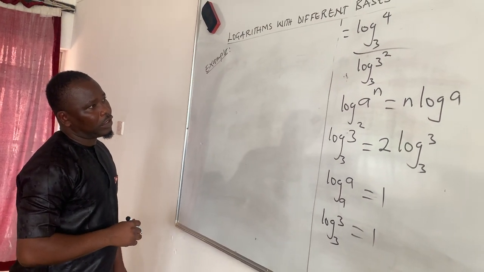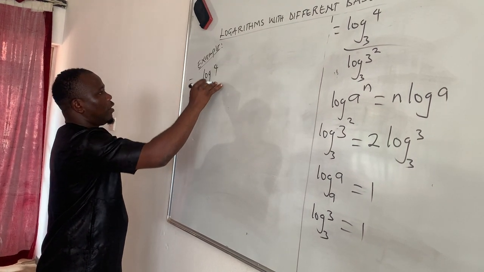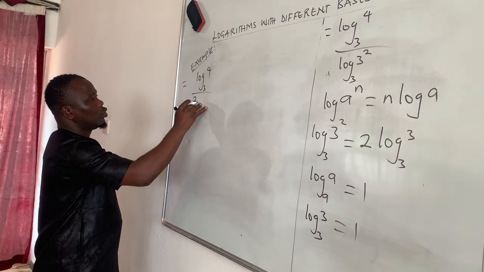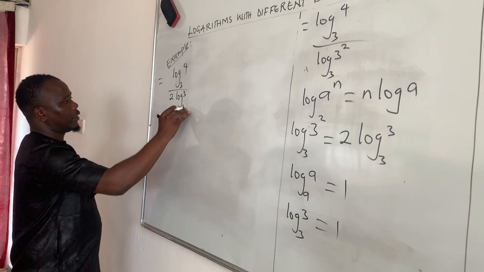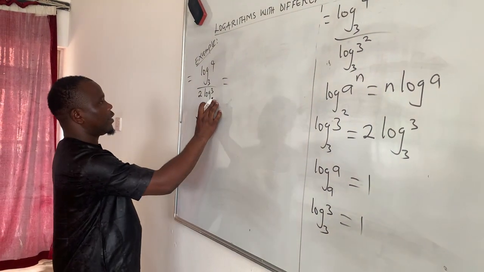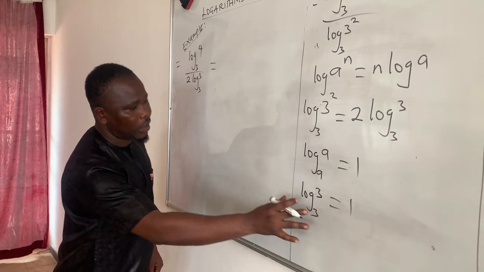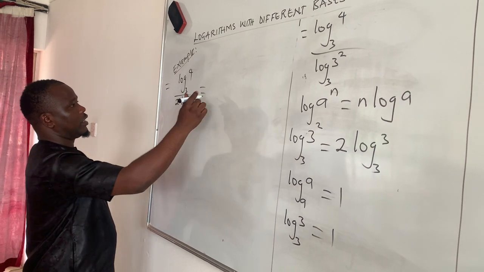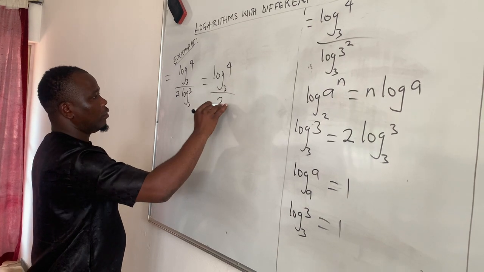And it means the whole thing will now be equal to log 4 base 3 all over 2 log 3 base 3, which is log 4 base 3 all over 2.